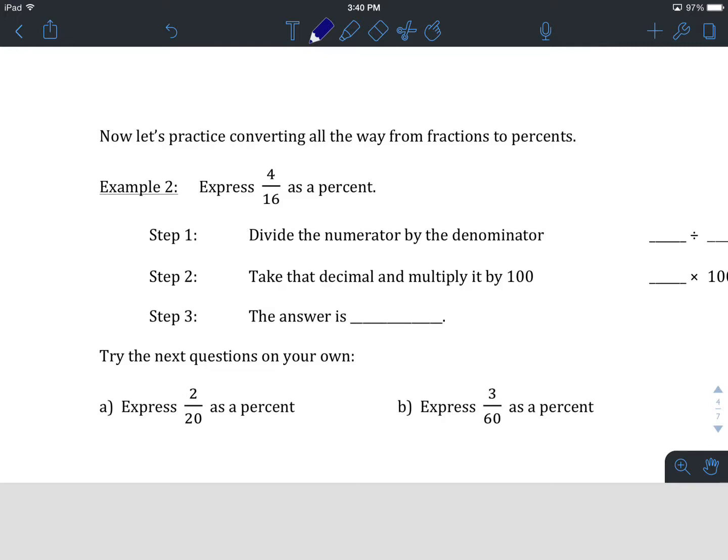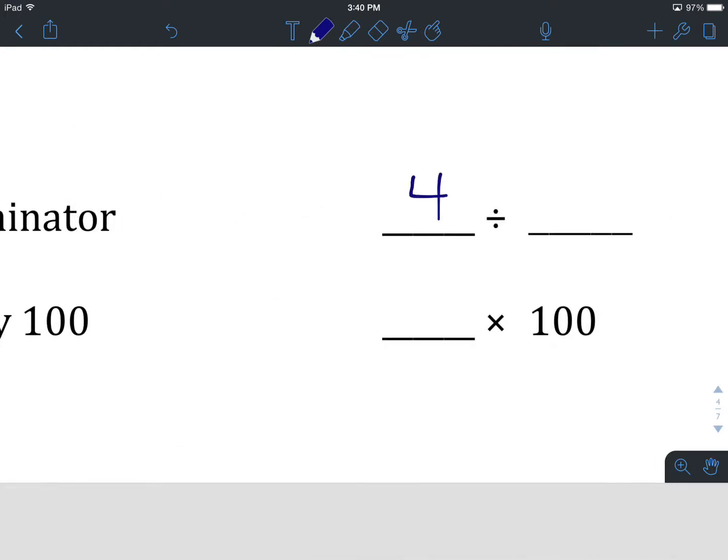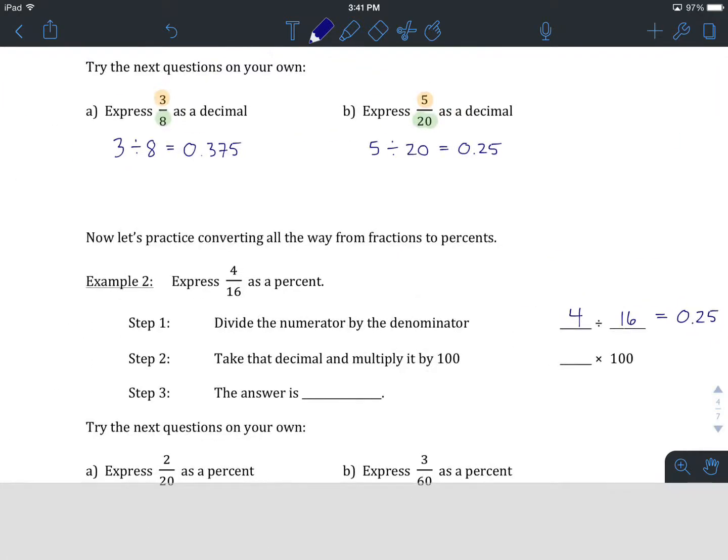Express 4 over 16 as a percent. First step, divide the numerator by the denominator. Our numerator in this question is 4. Our denominator is 16, and when we divide 4 by 16, which we type into our calculator, we get 0.25. So that's the series of steps we did at the beginning of the lesson.